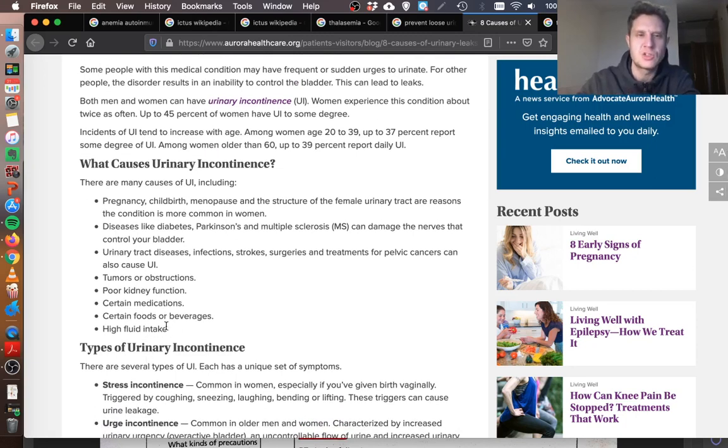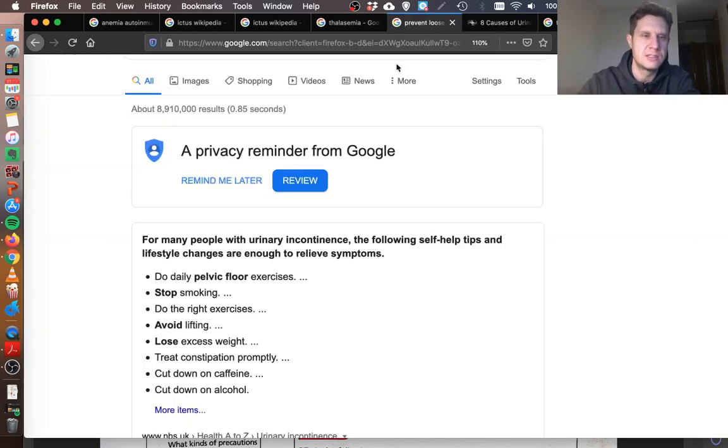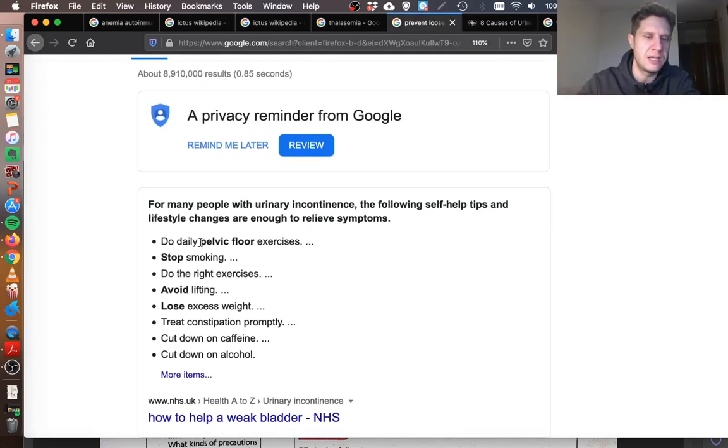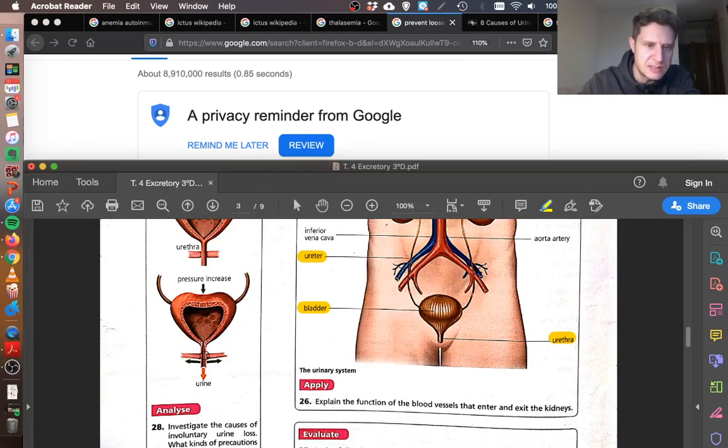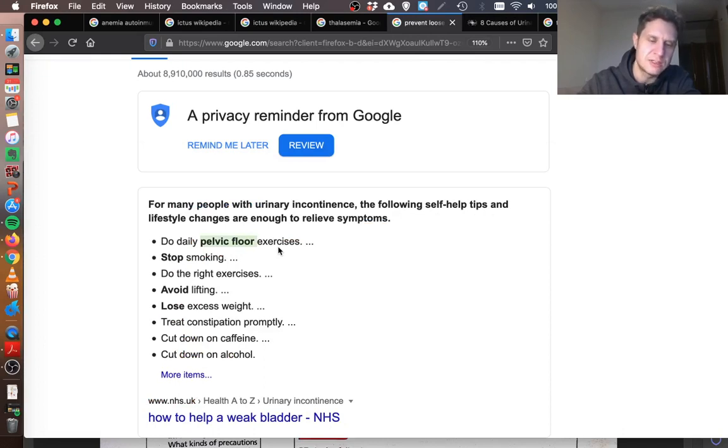Okay, so how can you prevent it? You need to get a strong pelvic floor. Pelvic floor is when you contract your anus, and this is the muscle that is responsible. Can you see it? All this is the pelvic floor. So you need to have shape and strong muscles there.